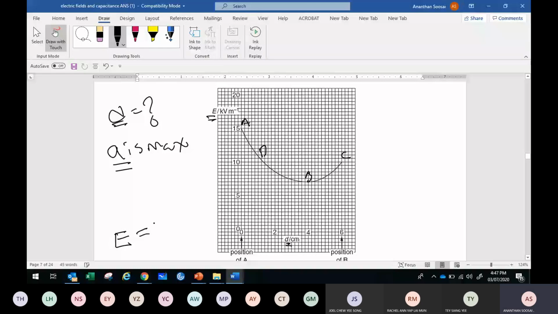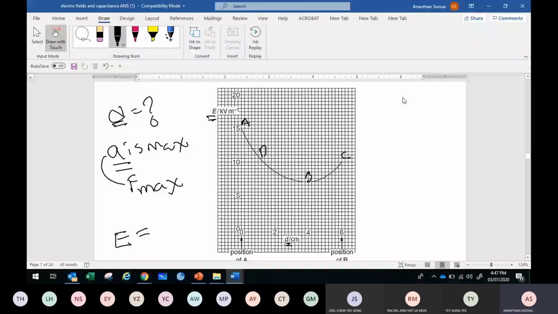Can you write electric field strength in terms of force? Then you've got the answer already, because acceleration is linked to force, right? If a is maximum, the net force must be maximum. The force experienced by the charged particle must be maximum to attain a maximum acceleration. To have a maximum force, how are E and F related? Anyone?